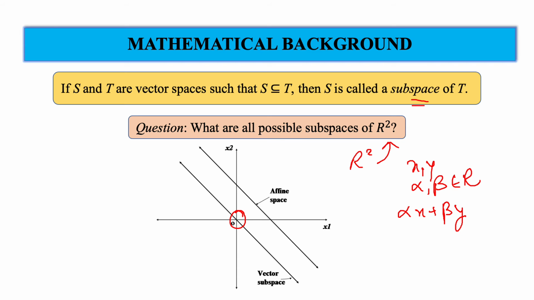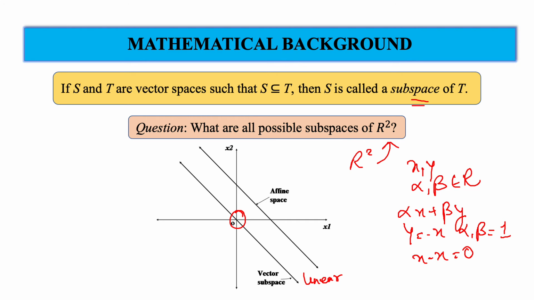Going by this definition, if you put y equals minus x and alpha and beta equal to 1, you will get x minus x equals 0. So the 0 vector should always belong to the subspace. Note that this is called a linear subspace.